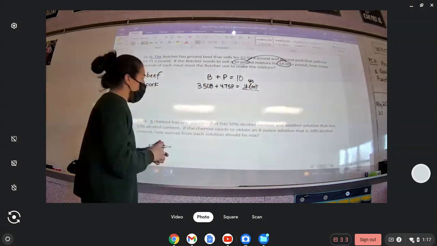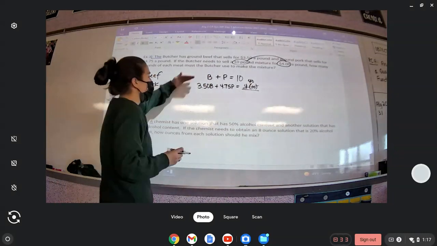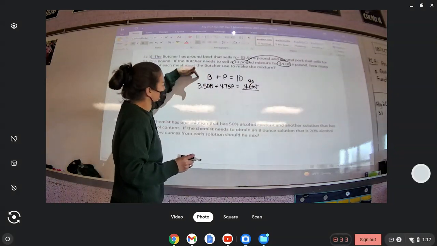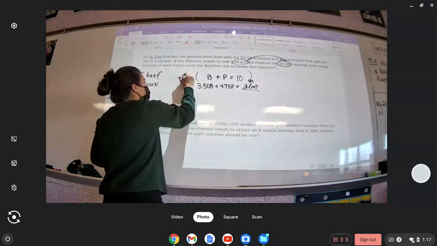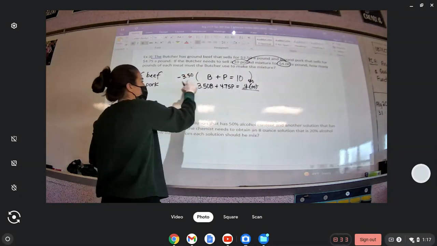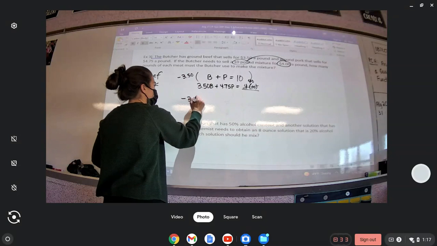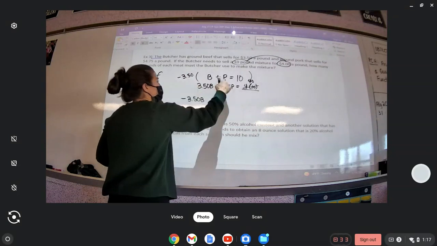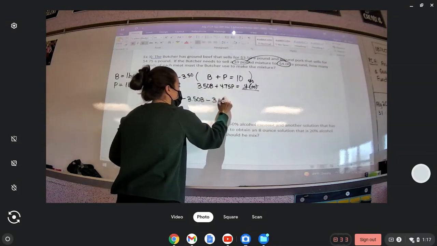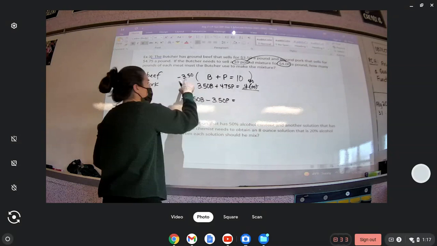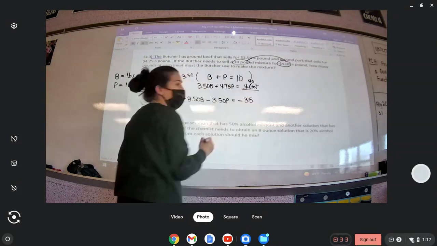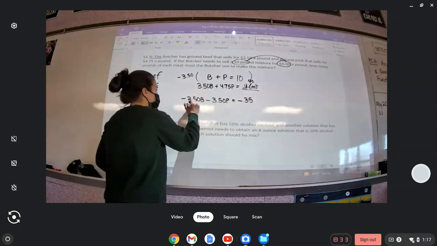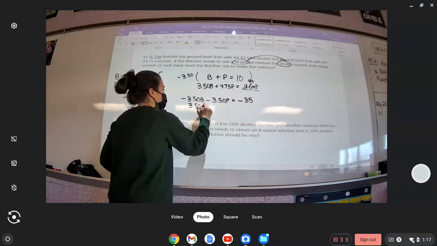All right, now, so when you solve, I'm a big elimination person. So I'm going to get rid of my b's by getting a negative 350 there. So I'm going to times the entire top equation by negative 350. So that'll be negative 350b minus 350p equals negative 3.5 times 10 is negative 35. Then I'm going to bring this one down. I don't even have to change it.